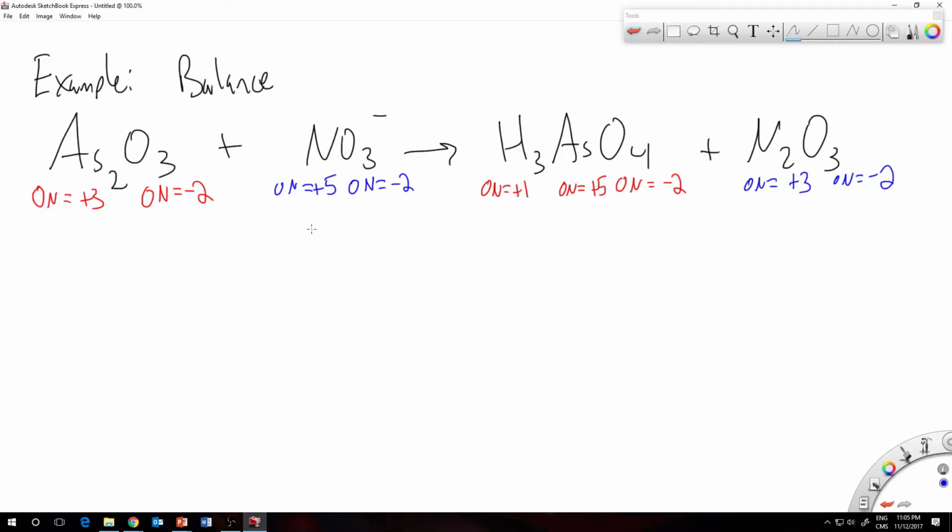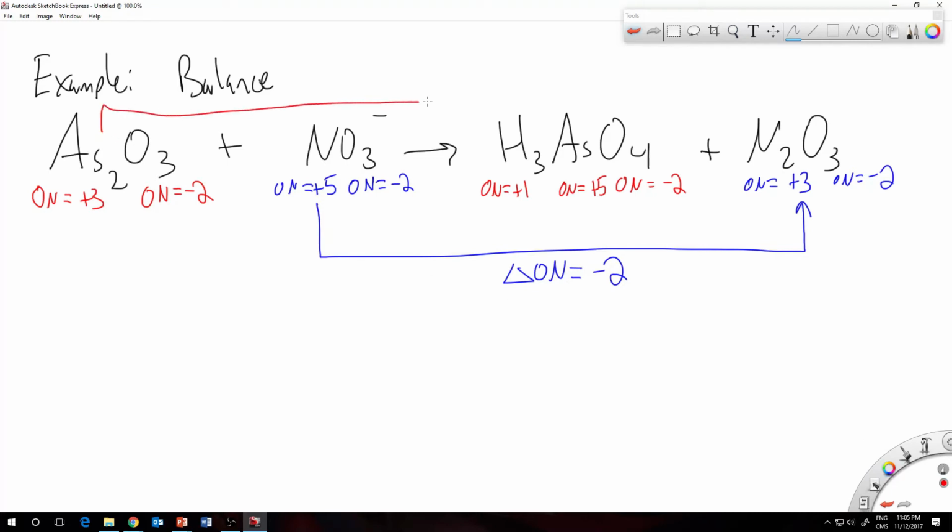Alright, time to see the change. The change in oxidation number here is minus 2, okay. And then the change in the astatine, the oxidation number change here is going from a plus 3 to a plus 5, so this will be a plus 2.